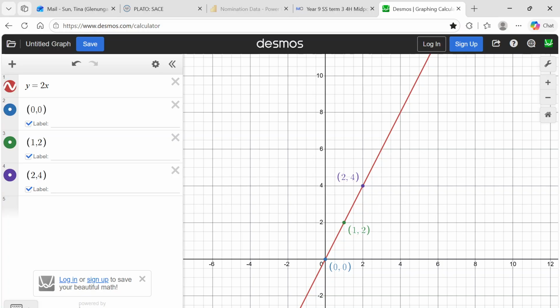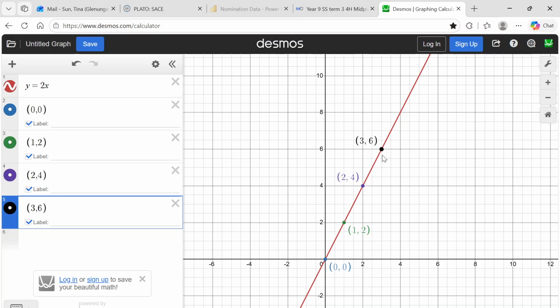If I label the next point, it is (3, 6). You can see here, from (2, 4) to (3, 6), that is 1 run and 2 rise up. So gradient is still 2 over 1, that will be 2.